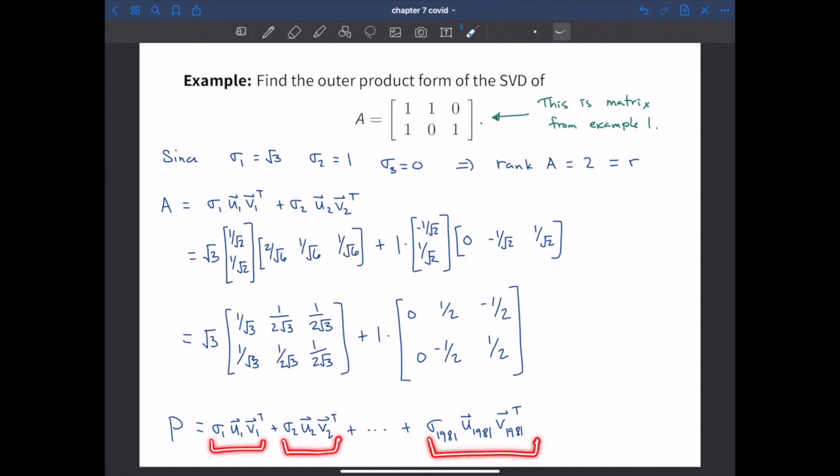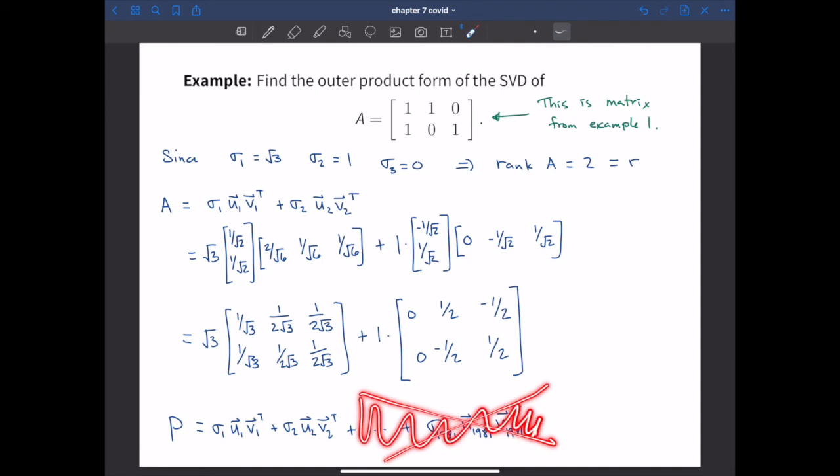Now, to get a lower rank representation, to compress the image, what we did is we decided that at some point these singular values weren't big enough to contribute to the overall image all that much. So we basically threw away the terms after some point in this decomposition, and kept just the first k terms.